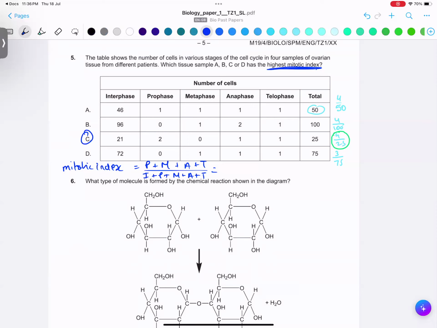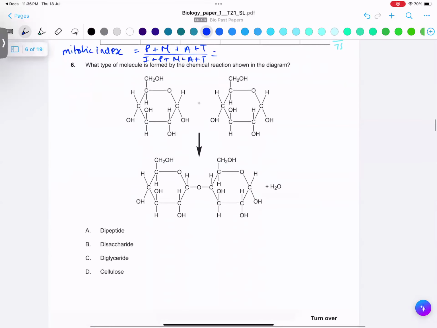Okay. So now what type of molecule is formed by the chemical reaction shown in the diagram? Here we can directly spot the H2O as one of the products, right? So now we know that this is a condensation reaction, okay? But how can we know what the actual molecule is? We can actually see 2 glucose molecules.